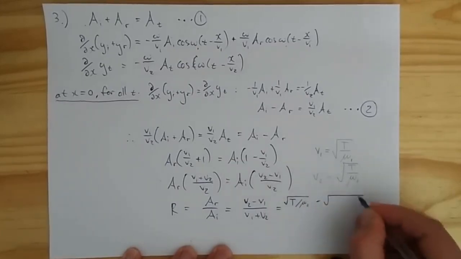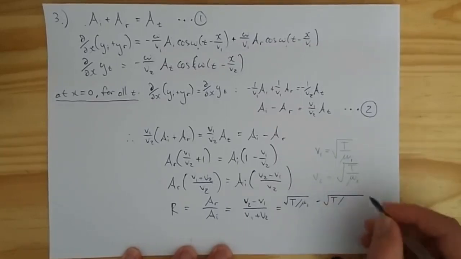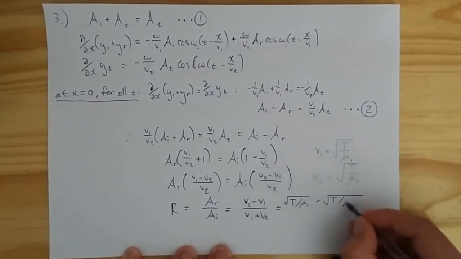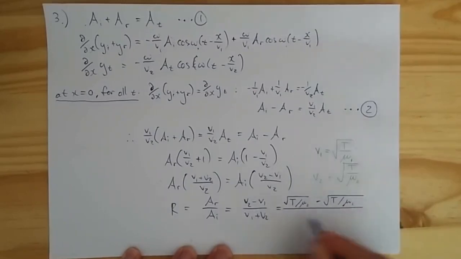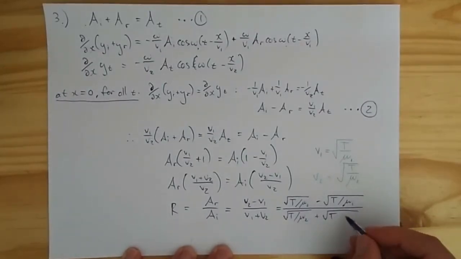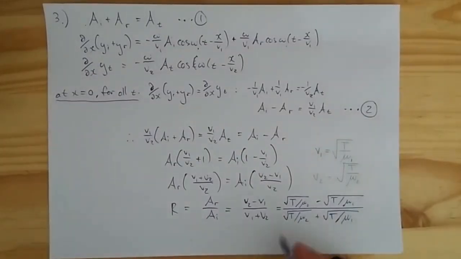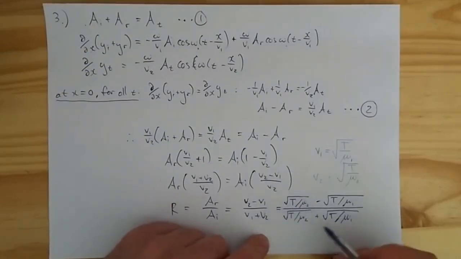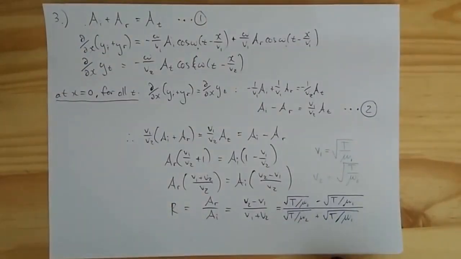minus the square root of tension divided by, what's that v1? So mu1 over, let's write v2 first here. So square root of T divided by mu2 plus square root of T divided by mu1. Okay, and then I can divide by the square root of T on both sides.